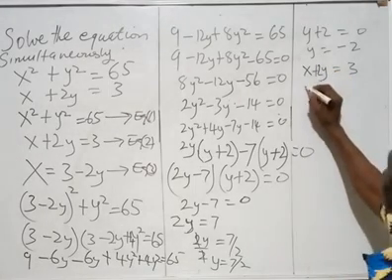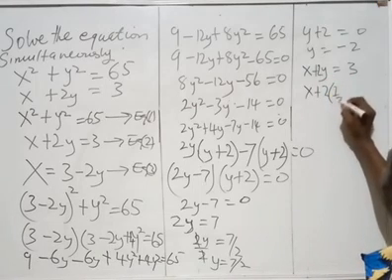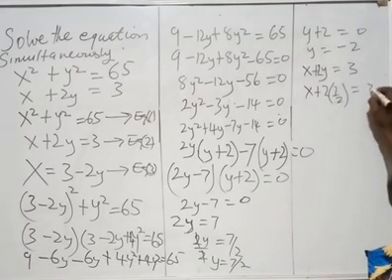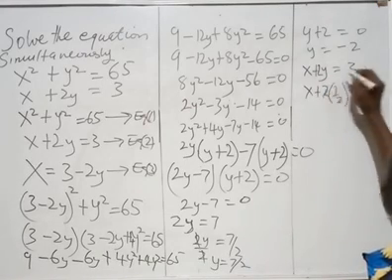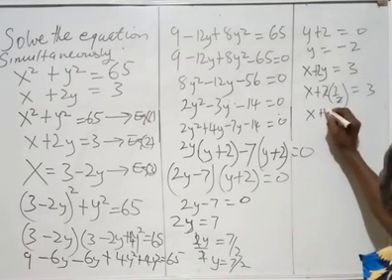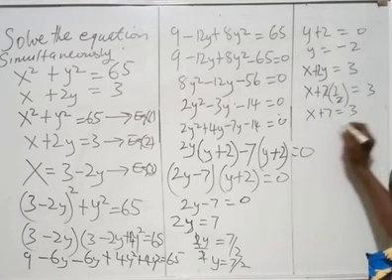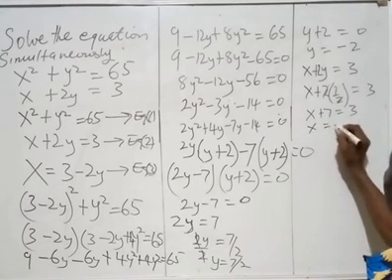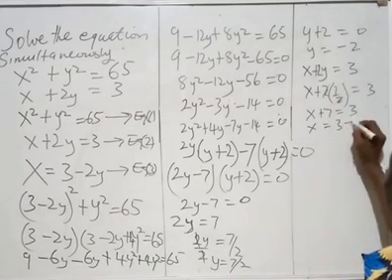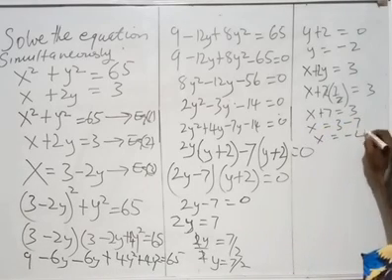So I have x plus 2 into 7 over 2 equals 3. So from here, 2 goes, 2 goes, and x plus 7 equals 3. When this crosses over, I now have x equals 3 minus 7. x equals minus 4.